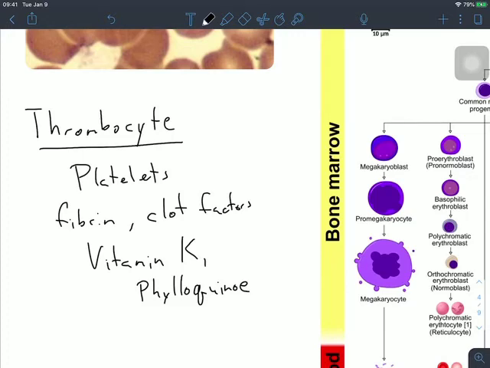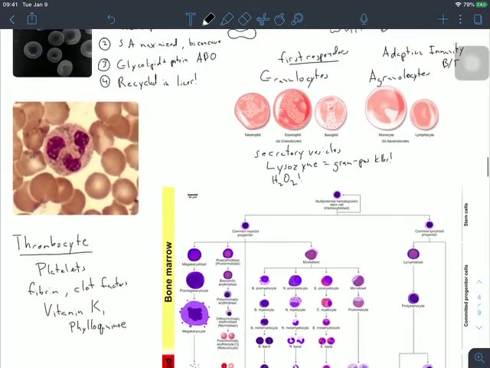One of those proteins that was essential to the electron transport chain after photosystem P680, photosystem 2. So these thrombocytes are filled with vitamin K and fibrin and other clotting factors, and will go on to make your scabs.